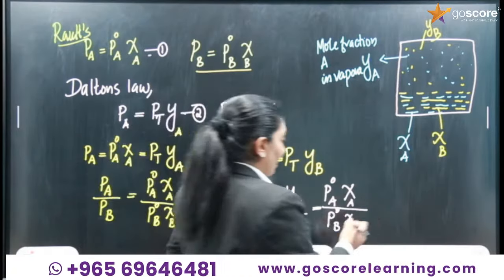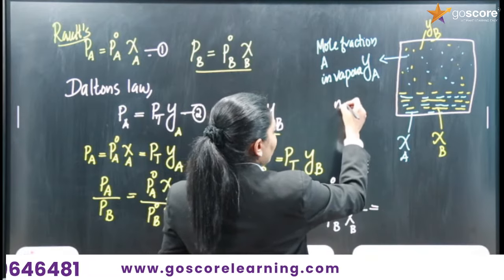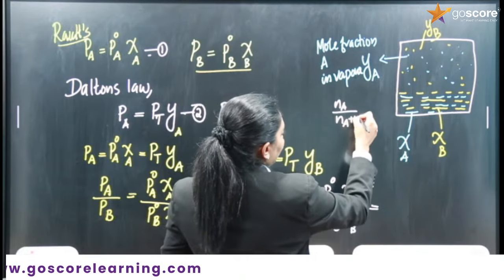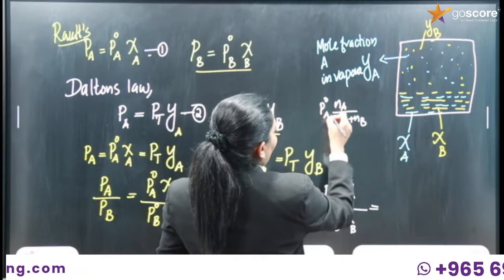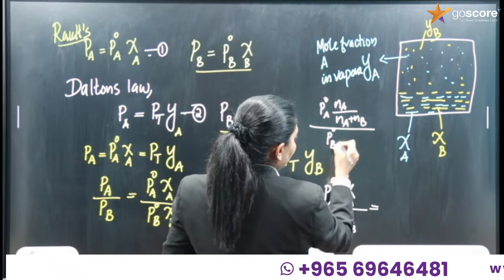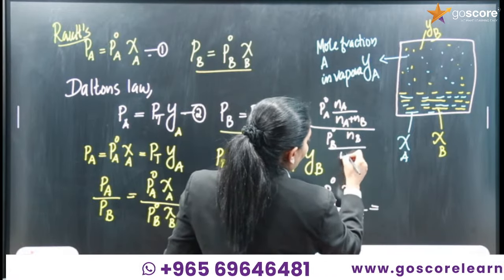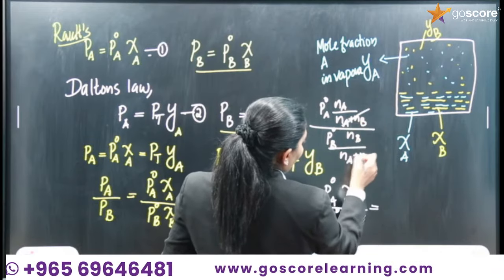Okay, which I can rewrite like, what is chi A? Chi A is equal to Na by Na plus Nb, right? So this term will be P naught A into Na by Na plus Nb divided by P naught B into chi B, which is Nb by Na plus Nb. So these two terms will get cancelled.